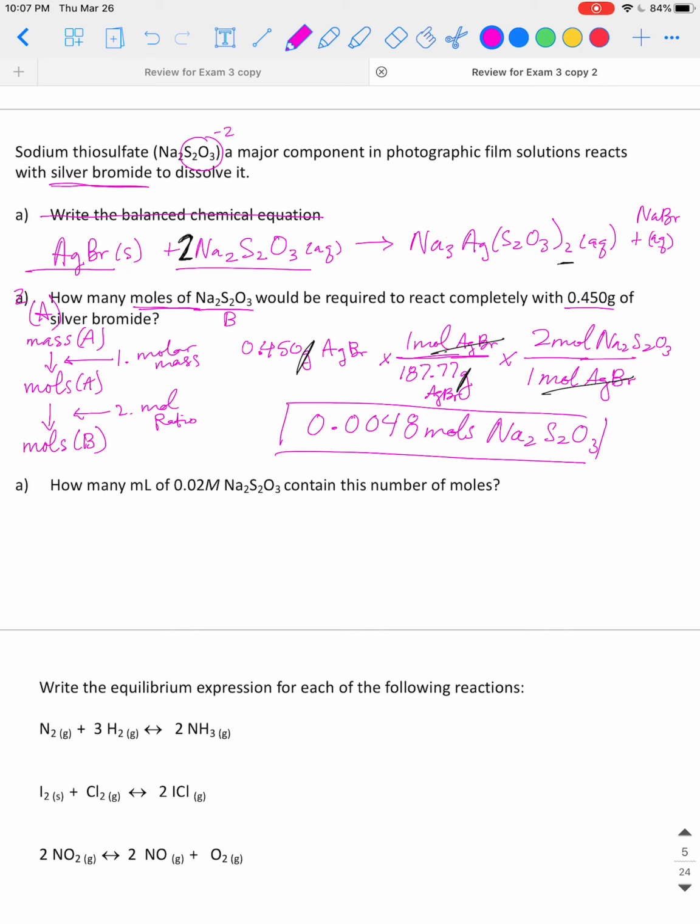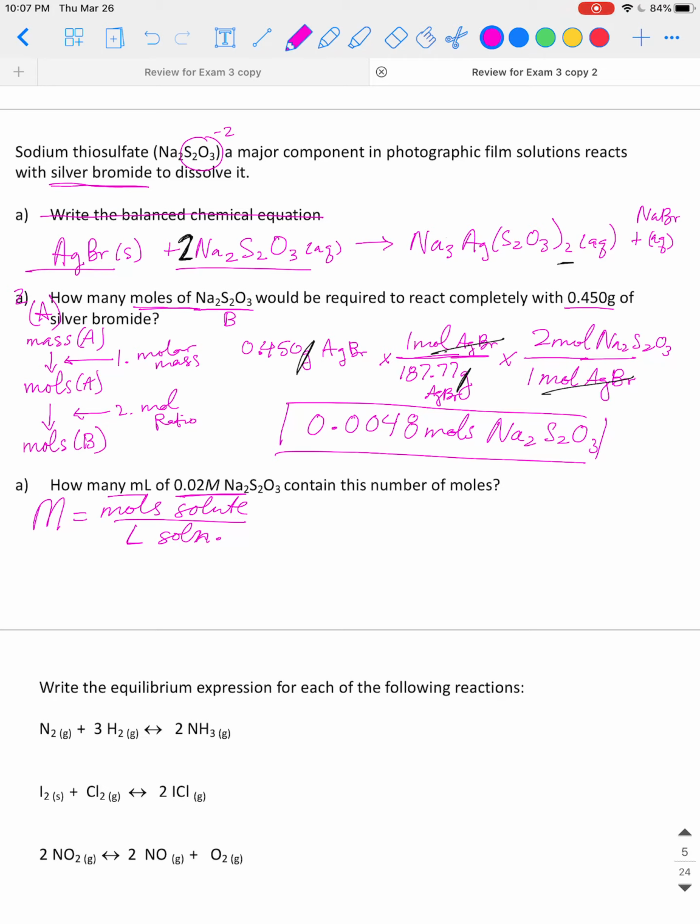Okay, the last part says how many milliliters of a 0.02 molar sodium thiosulfate solution contain this number of moles. So here we're given a molarity and we're asked for a volume. So we need the equation for molarity, which is this: molarity, capital M, equals moles of solute per liter of solution.